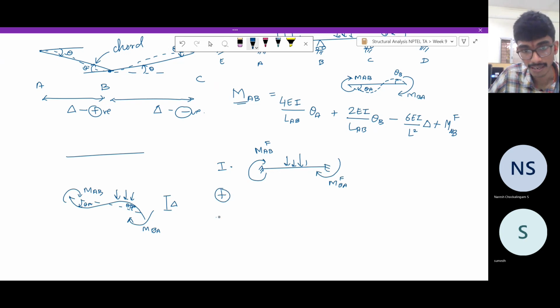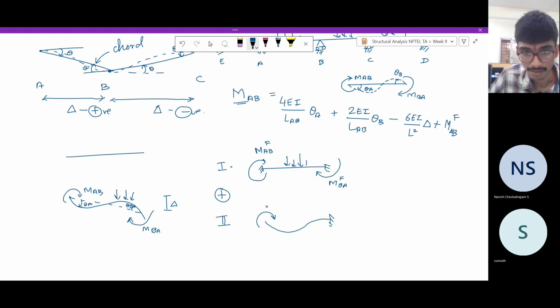Superpose this with the second case: remove the applied loading and allow the beam to rotate by some theta A. So here, if you rotate this side by some theta A and hold this side fixed, you will need some moment, right?